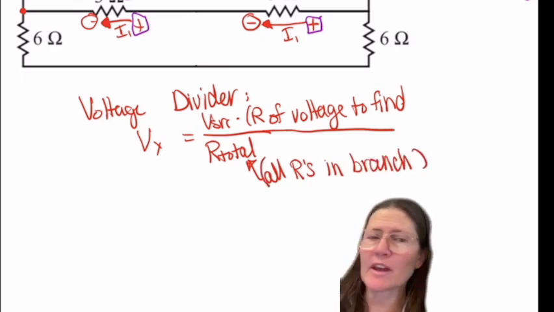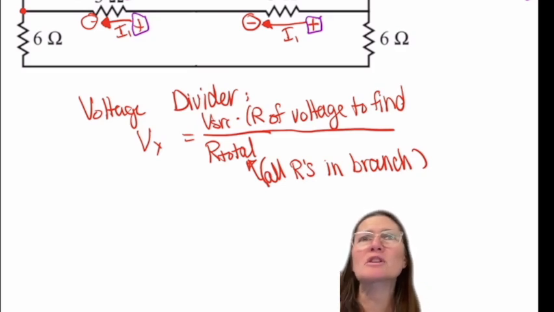So whatever is in that branch, if you have 6 of them, there are going to be 6 resistors added there.